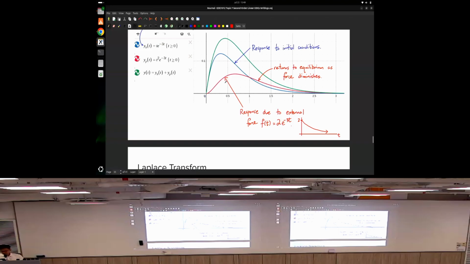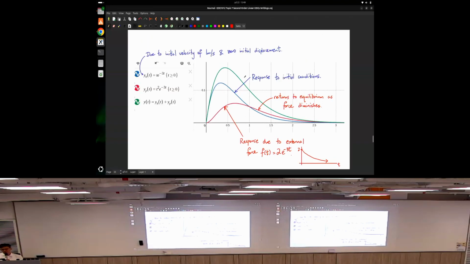displacement. Is that right? So you can see that the net response, the total response, must be the sum of the two responses. So this guy will be the total response. Eventually, because the effect of the initial velocity is going to diminish, and then your external force also goes to 0, the total response must go back to the equilibrium state.